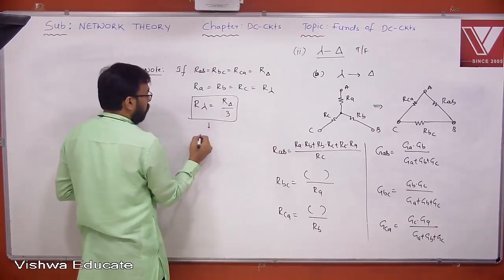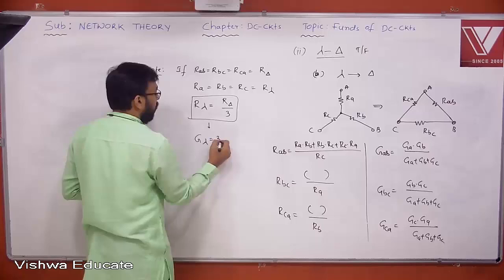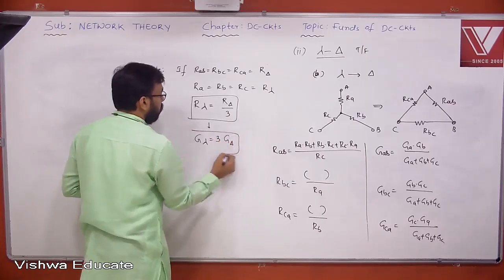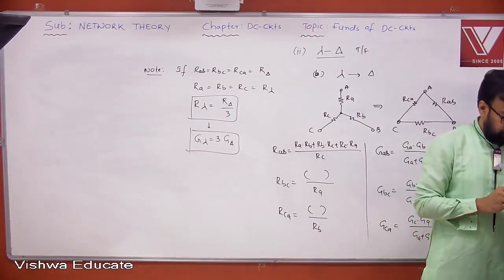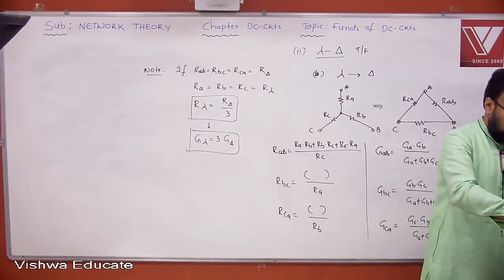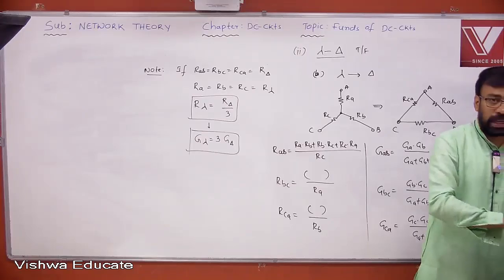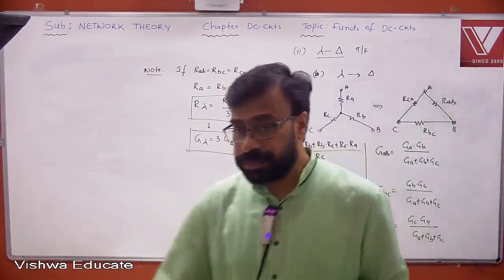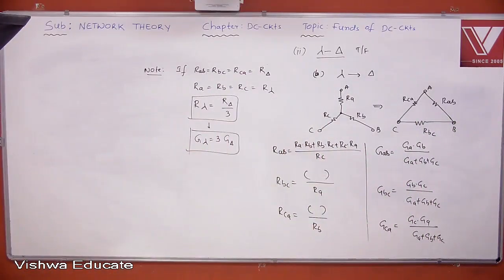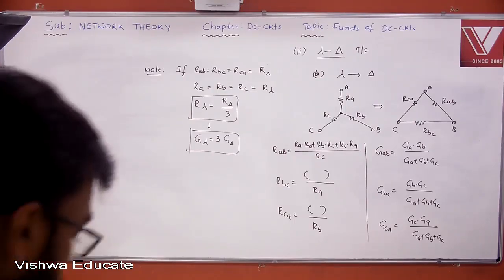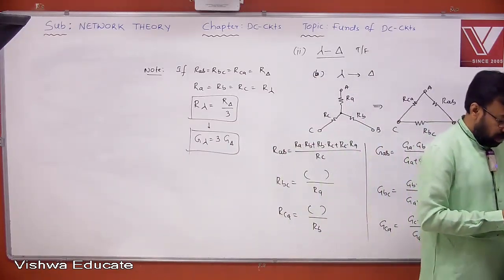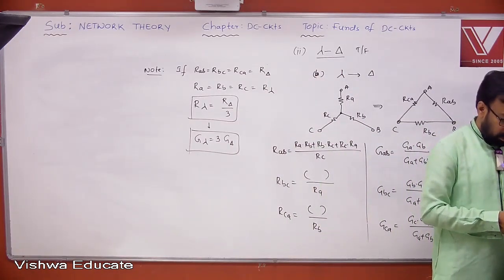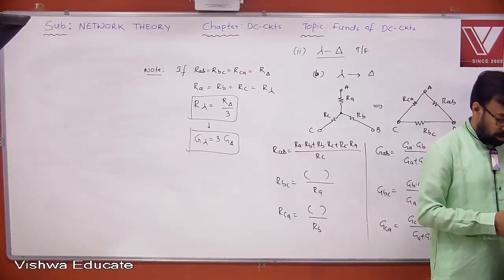Or you can write even G star is equal to 3 times G delta. So please note down this first, and then we will discuss problems. Please quickly note down.